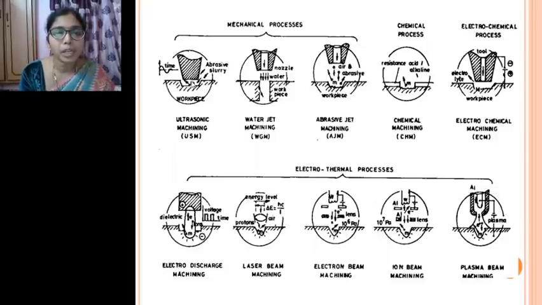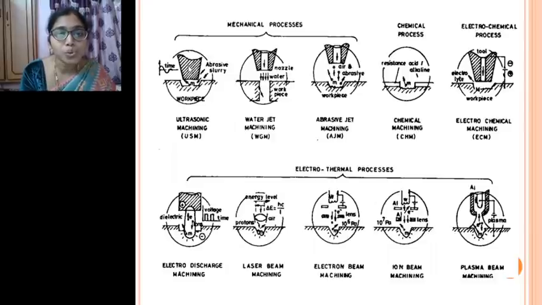This aluminium will be given the required shape, and then the workpiece will be placed, and in between these two we pour an abrasive slurry. Abrasive slurry is nothing but a combination of abrasives and water, and that will be poured in between these two.